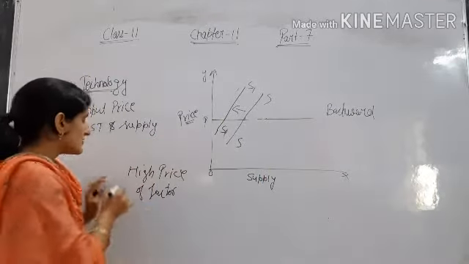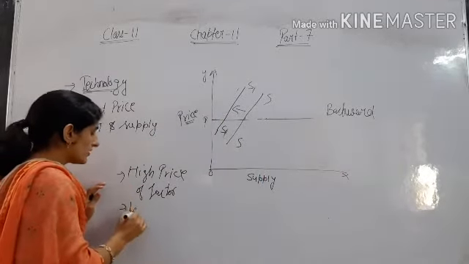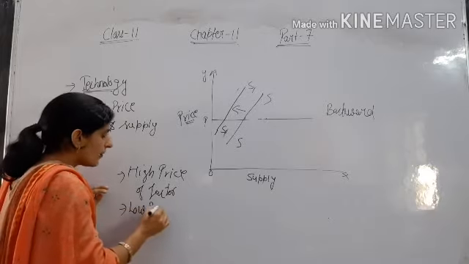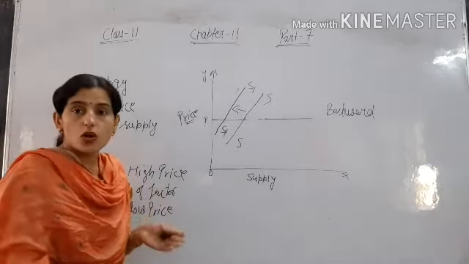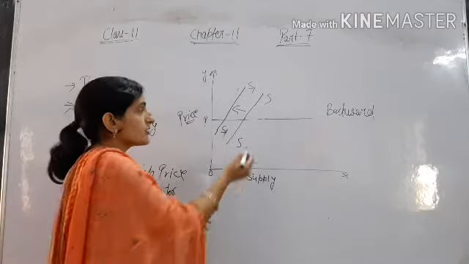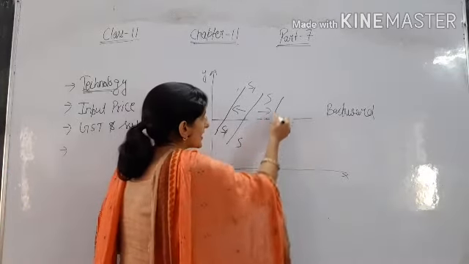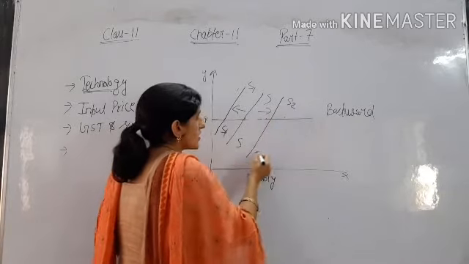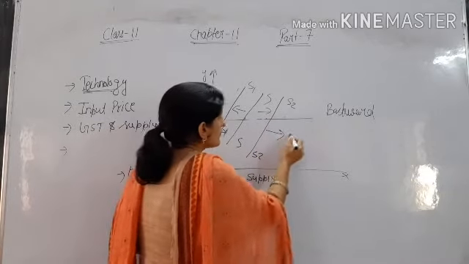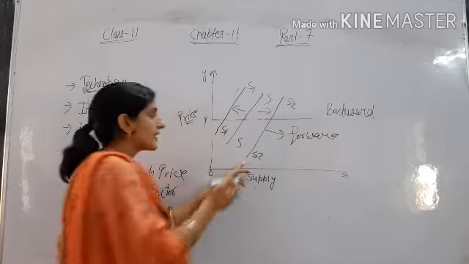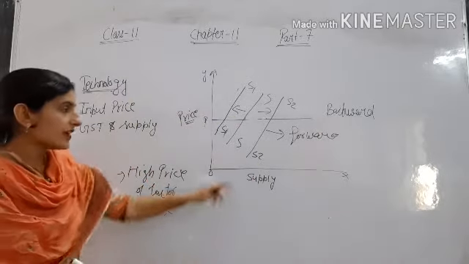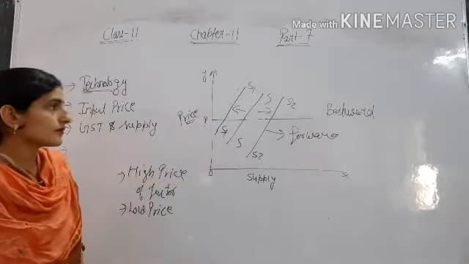If there is a low price of factors of production, it means low cost of production. Low cost of production means the producer will supply more quantity. Then the supply curve shifts forward and becomes SS2.